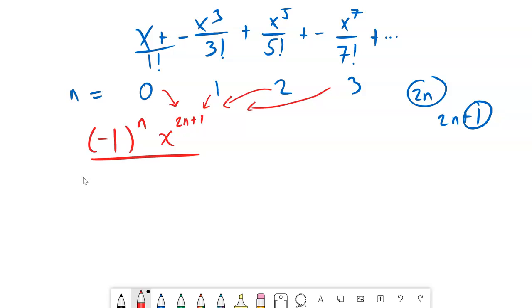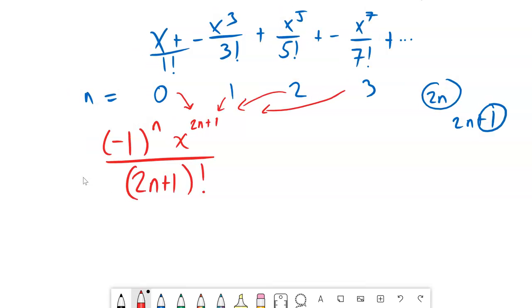And then we want to divide by an odd factorial, so we do that same pattern here: (2n plus 1) factorial. We can always double check. If we plug in n equals 0, we're going to get 1 factorial. If we plug in n equals 1, it's going to be 3 factorial. So this is the nth term. We just found the nth term.